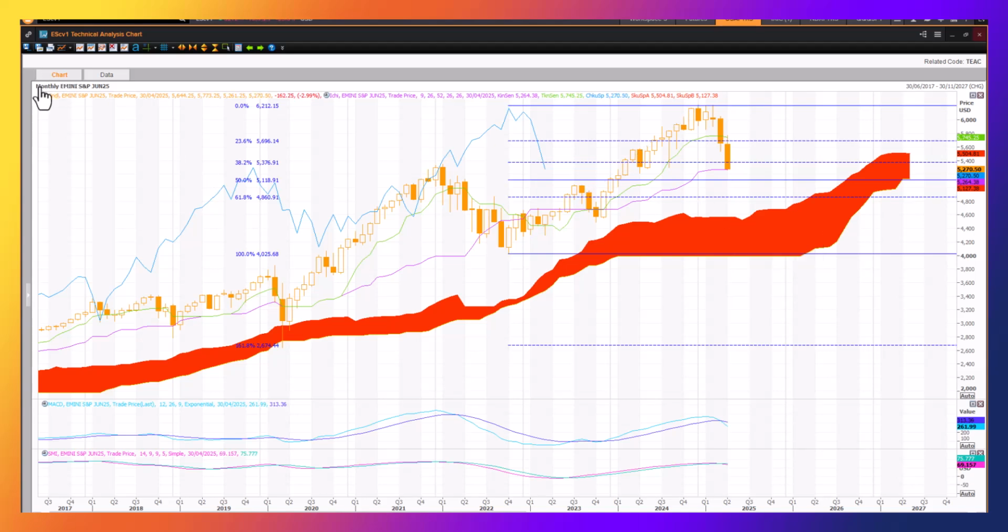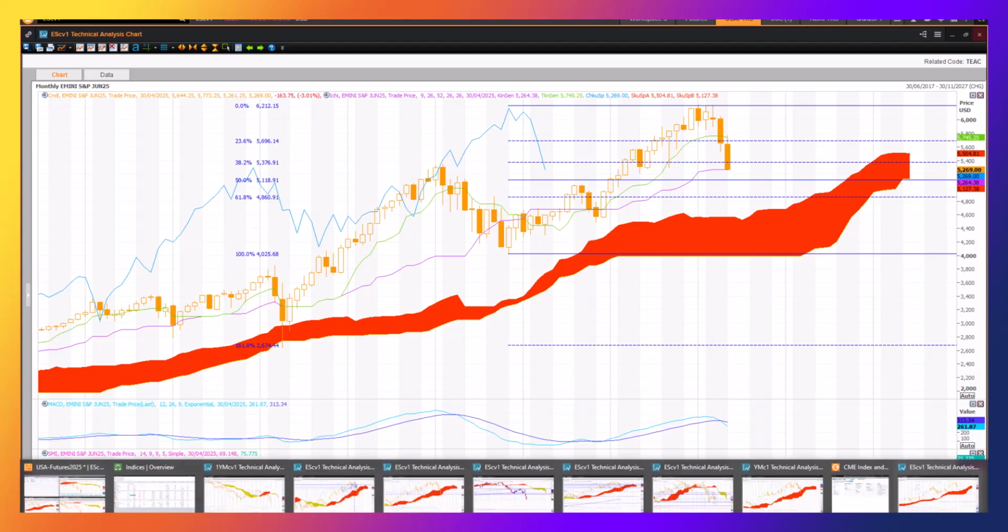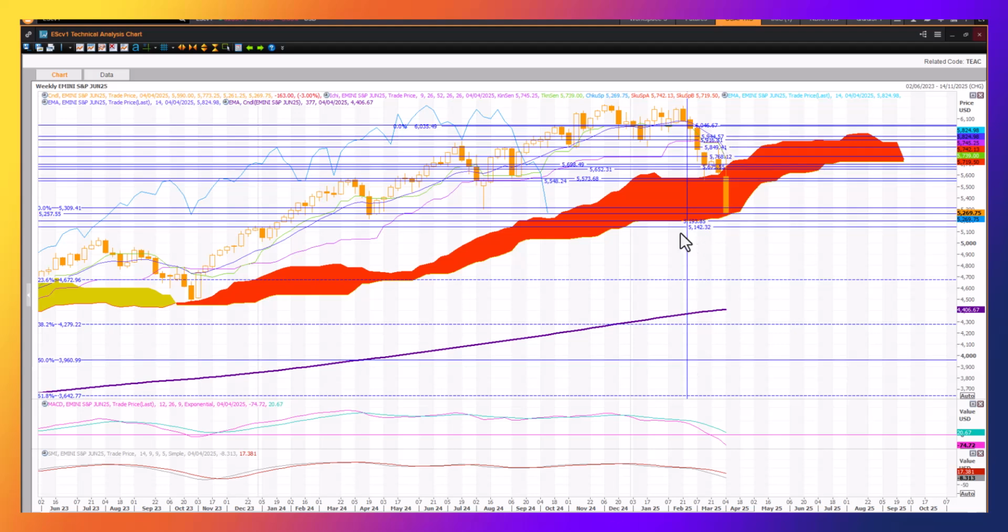But what we're looking for now is the interaction of the price action right here at the top end of the Ichimoku cloud. It will be interesting to see if support briefly comes back, just to technically retrace that sell-off back into the cloud. So watch out for these levels for support to come back in here. If support fails here, then obviously we're going to go down to the other targets to the downside.